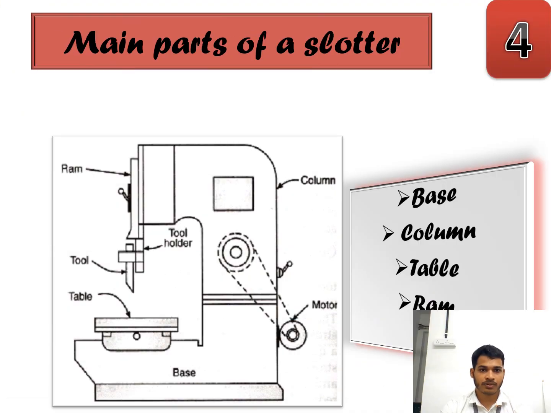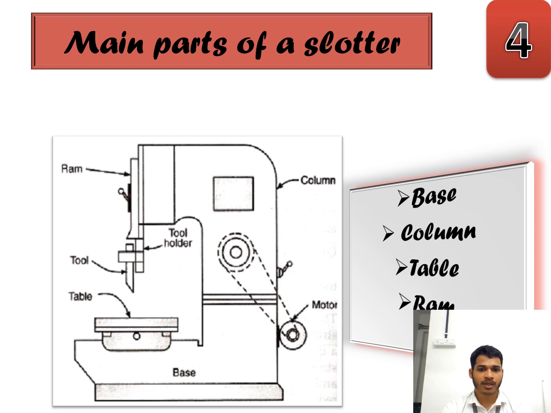So these are the parts of a slotter machine. This is the same as in the shaper and planer machines. This is the base, which is made from cast iron. It can absorb the vibrations of the machine, that's why it is made from cast iron. And this is the column, which is hollow type, and all the driving mechanisms like step pulley and gear mechanism are mounted here.